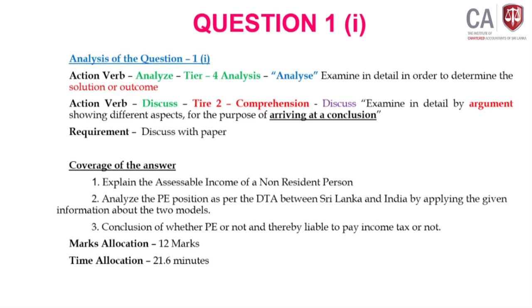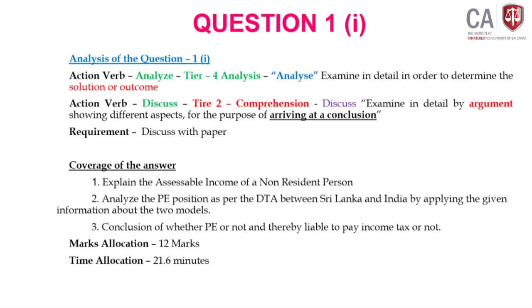How are you going to cover it? It should explain the assessable income of a non-resident person. That's the first thing. First you recognize a non-resident person, then explain the assessable income of a non-resident person. That's the base. That's why we are computing all this, and that's why section 73 applies to us.